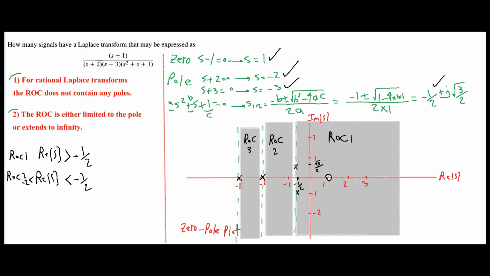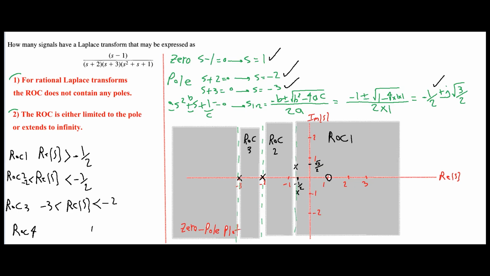The third region of convergence consists of S-values whose real part lies between -2 and -3. Finally, the fourth ROC consists of S-values whose real part is less than -3.